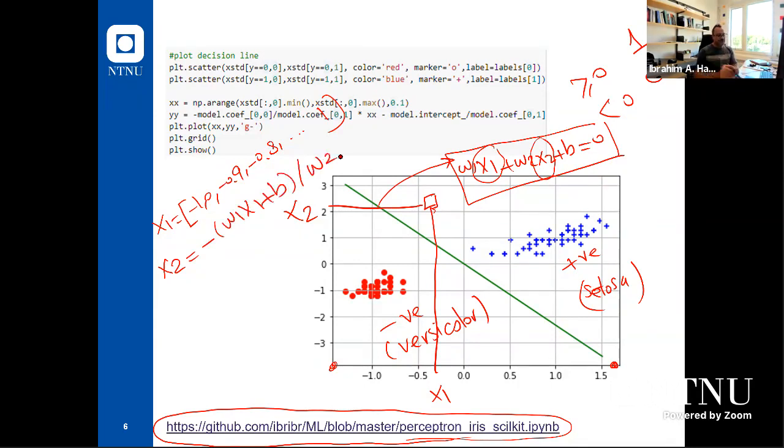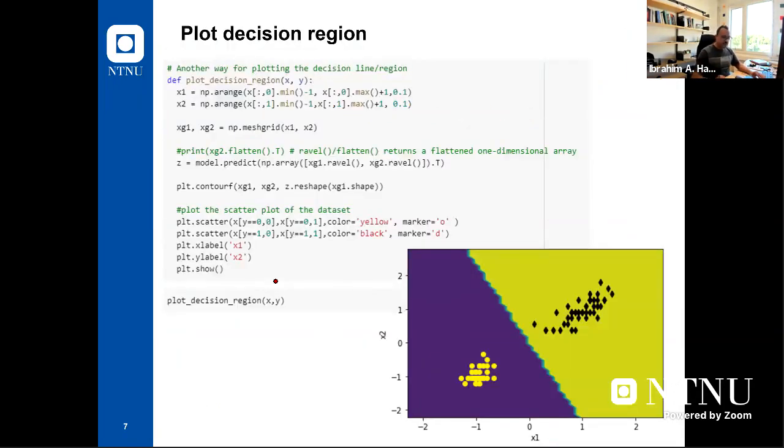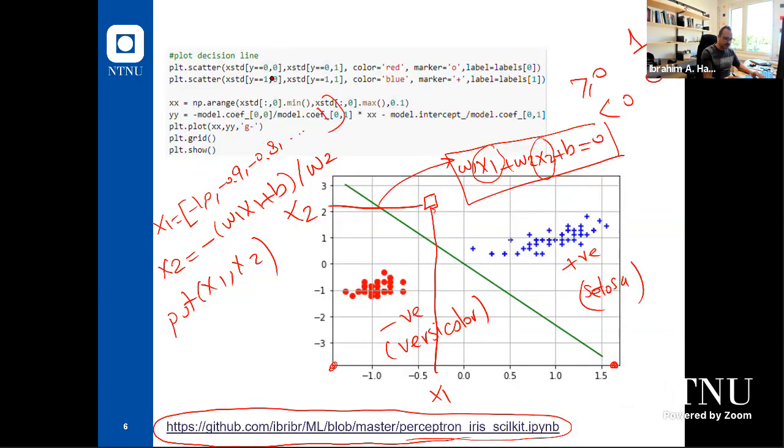So we assume values for x1, substitute into this equation to get x2, and after that I can plot x1 and x2. When we plot x1 and x2, we get this green line. I just generated values for x1 here, and I substituted those values into here.